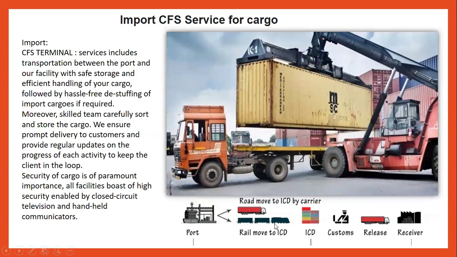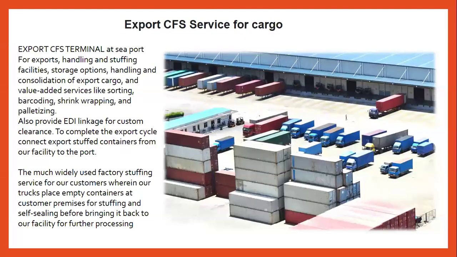Then it goes to the nearest ICD to the importer's factory, and there customs will examine the container. But in the export case, we are just dispatching goods from our factory to overseas. So first we move this cargo by truck.